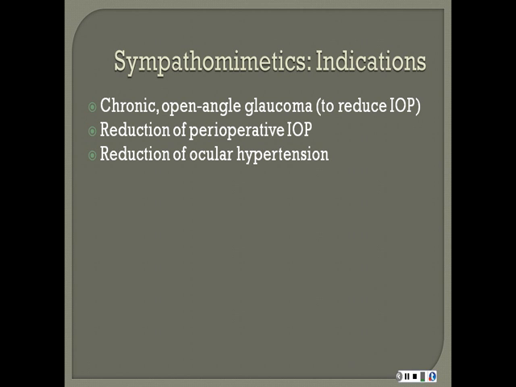They are also used in reduction of postoperative intraocular pressures, and also for reduction of ocular hypertension. They're also used during ophthalmic surgeries to correct the surgery-induced elevations in intraocular pressure.